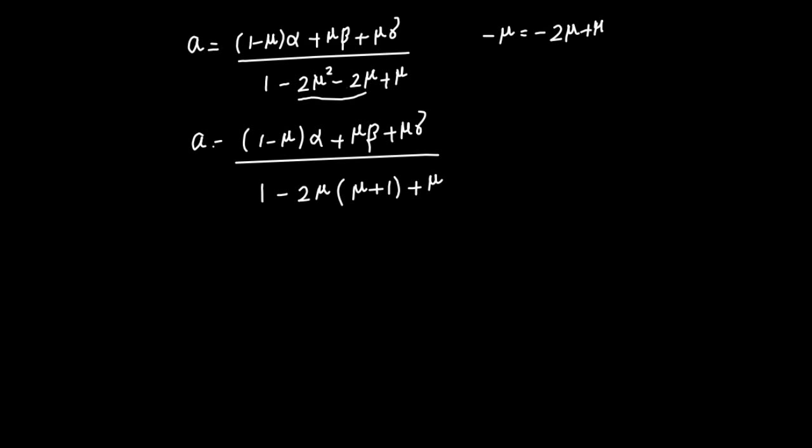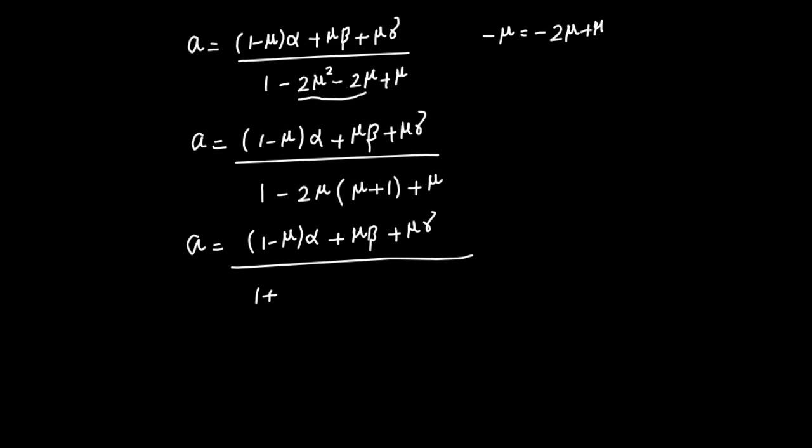So in the next step, A is equal to 1 minus mu into alpha plus mu times beta plus mu times gamma whole divided by, I can write this term as 1 plus mu. Let me put the bracket, minus of 2 mu into mu plus 1 can be written as 1 plus mu.